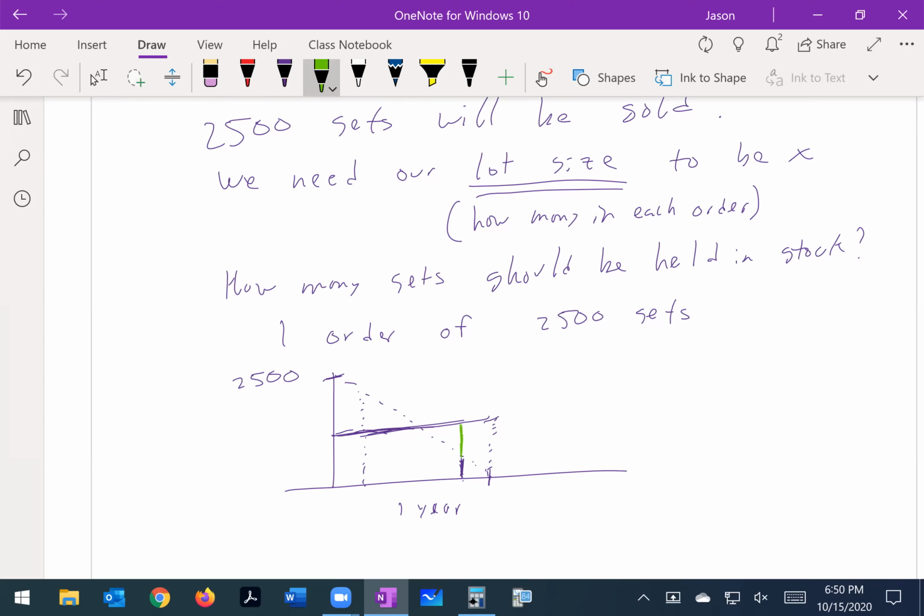The lack of televisions at the end of the year is equally offset by the increase of televisions at the beginning of the year. Does that make sense? Those two green lines are the same.